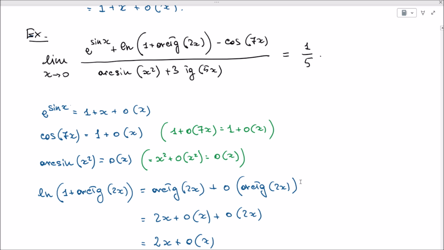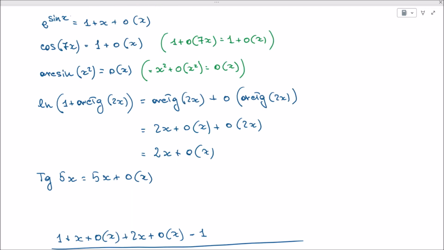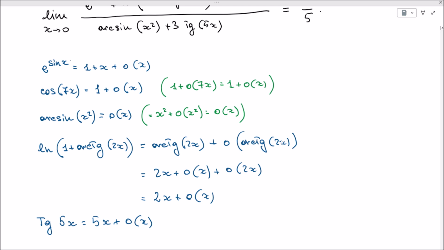And then we have minus cosine of 7x, which implies simply minus 1. Well, there would be minus little o of x, but we know that this is just like saying little o of x. And at the denominator we have the arcsine, which gives little o of x, plus we have what?